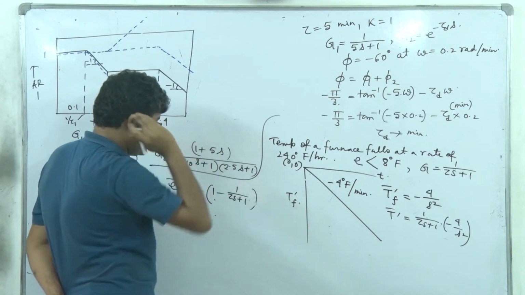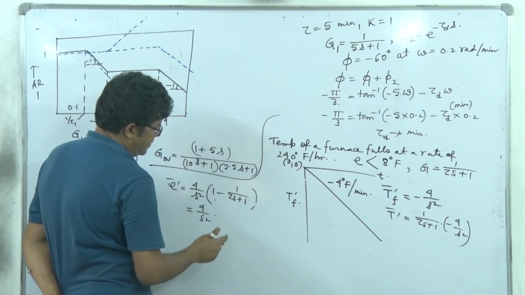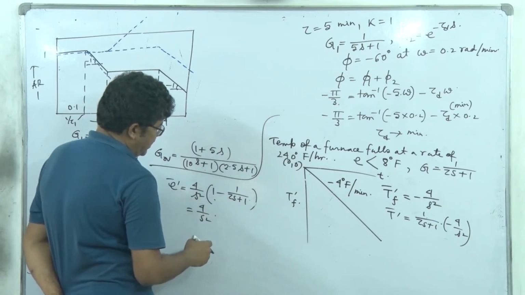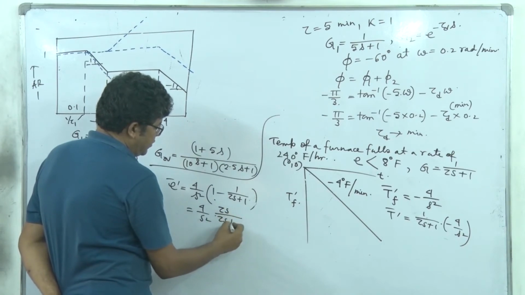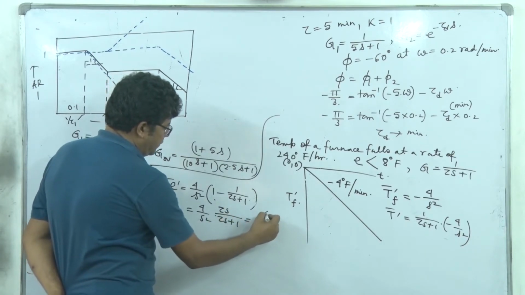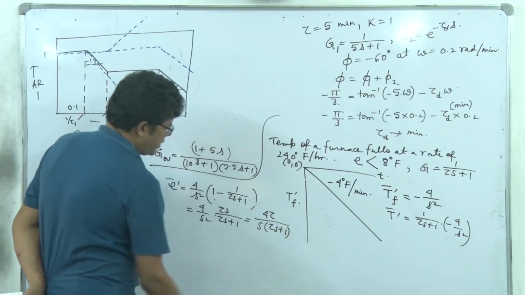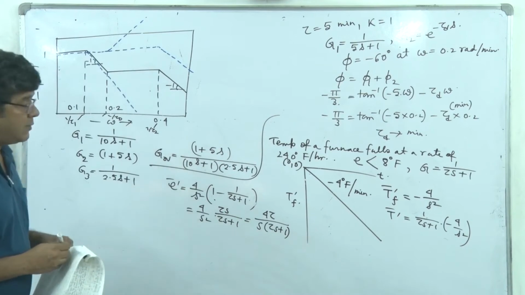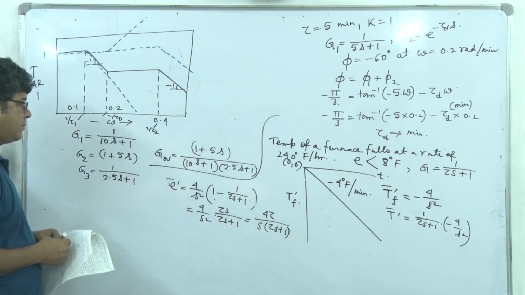The true temperature is Tf prime, the indicated temperature is T prime, so the error is this. So we have tau s plus 1 minus 1 divided by tau s plus 1, so it is 4 into tau divided by s into tau s plus 1.